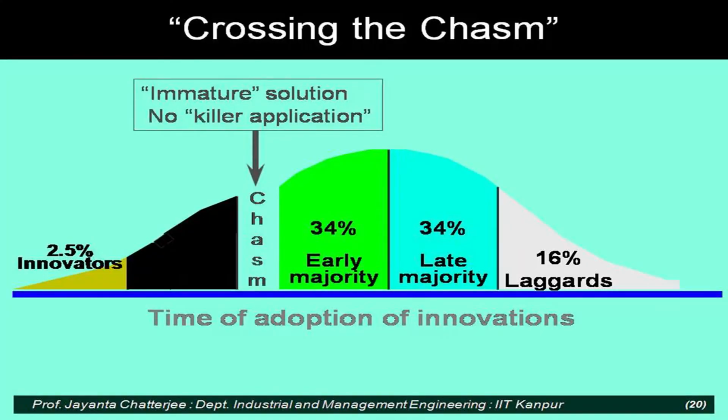I'm not spending too much time on this today. The point that I'm trying to emphasize again is that your selling strategy has to change according to the product life cycle, the technology life cycle, because the nature of your buyer will change, and therefore you have to have that flexibility, otherwise you may fall through the chasm.